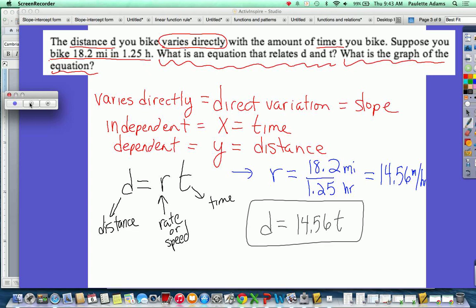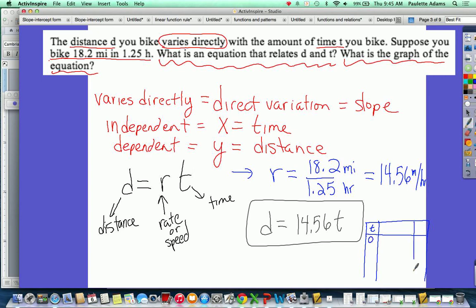Any questions there? What numbers are we not going to use for time? 0 or 1, we could use 1 because we could do 1 hour. Negatives. We do not use negative numbers for time at all. Now if you want to, you can use 0, but 0 times 14.56 is still going to give you 0, so that's fine.